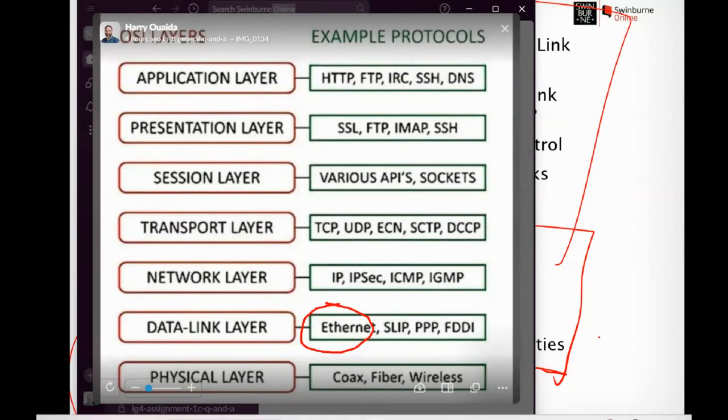These ones, FDDI, are your fiber optic cables. You don't really have to worry about these these days because they're really, really old stuff. I think that has something to do with the telephone network. And the point-to-point networks are old school and no one uses them anymore, so don't worry about that too much.